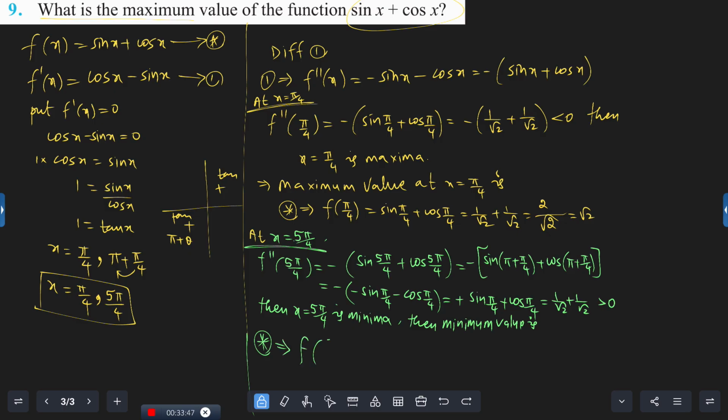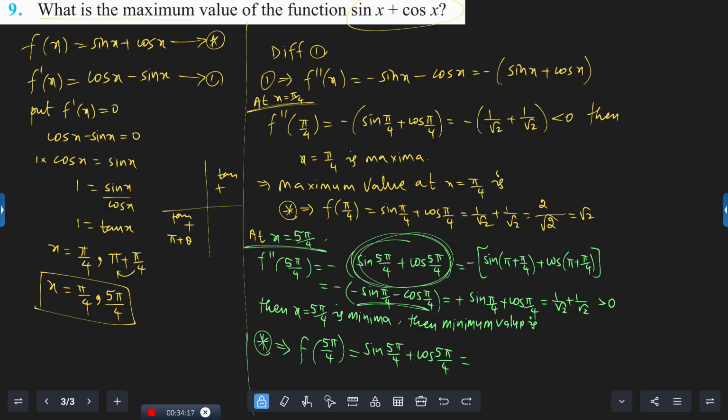So f of 5 pi by 4 is equal to star, here we have sin plus cos. So sin 5 pi by 4 plus cos 5 pi by 4. Listen, I am not going to do again the same step. Listen everybody, listen. So this one when you simplify, what I am getting? Inside you can notice minus sin pi by 4 minus cos pi by 4.